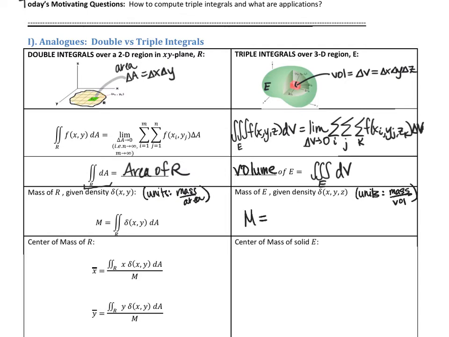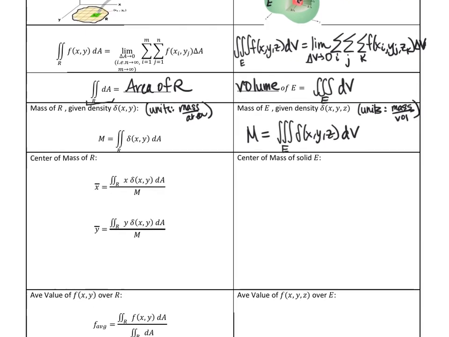Okay, and so in this case, if I give you mass per unit volume, then to find the total mass, you're going to be integrating that density with a triple integral.